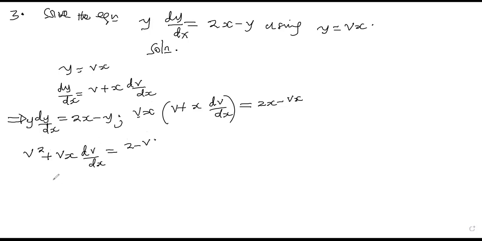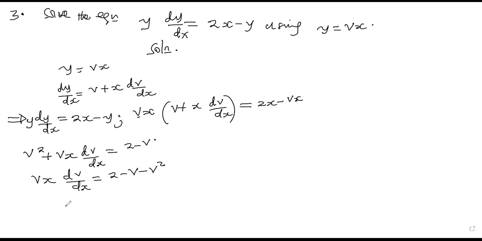So it would mean that vx dv/dx is going to be equal to 2 minus v squared.